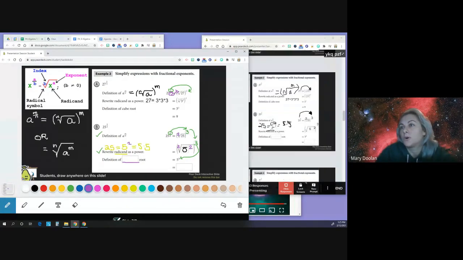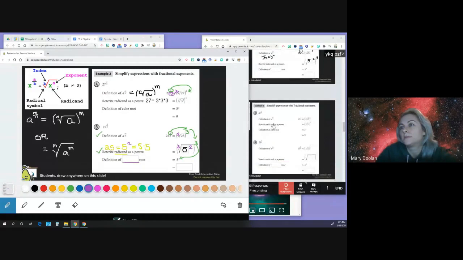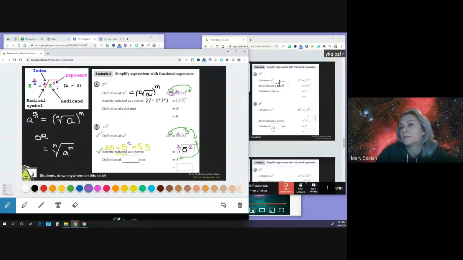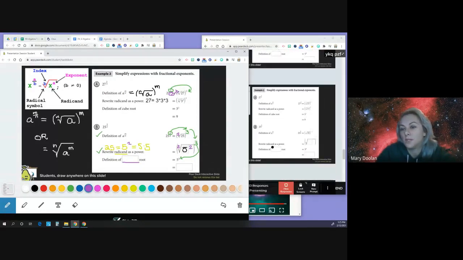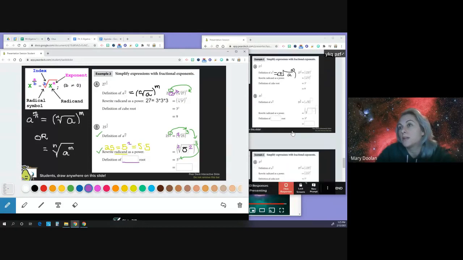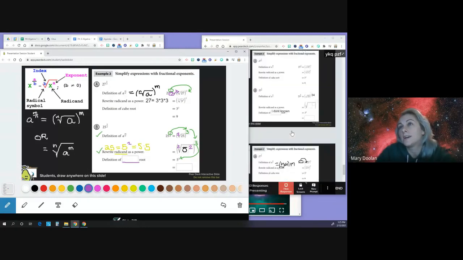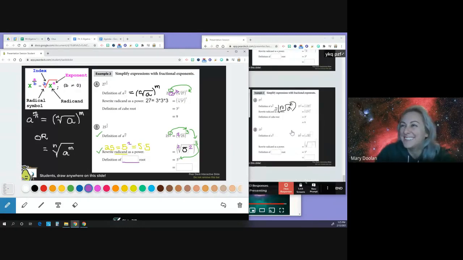You can type it on your Pear Deck. You can type it in the chat. Well, up here, this one was called a cube root because there was a 3. Now, when there's a 2, this is called a what root?